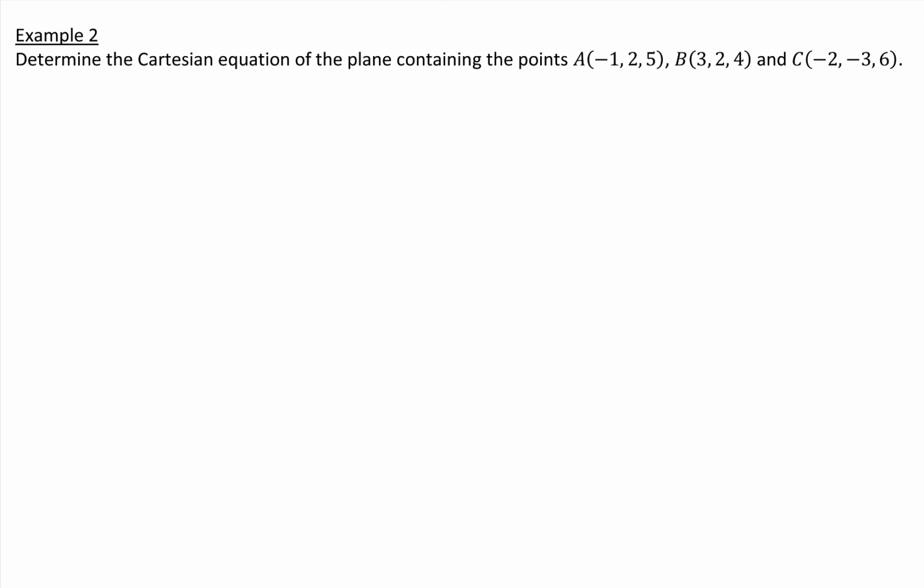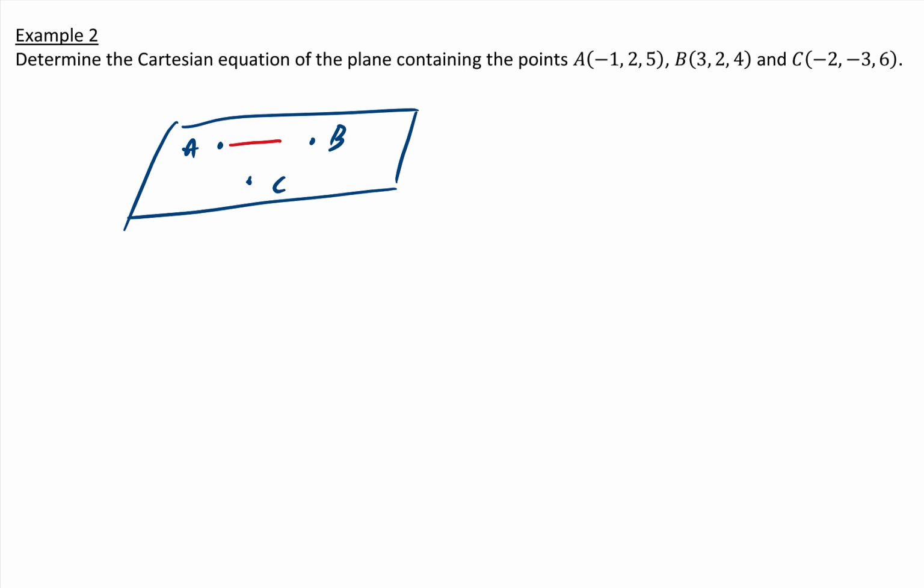Example 2. Determine the Cartesian equation of a plane containing the following 3 points. So notice in this one, I don't have the normal to the plane, but I do have point A, point B, and point C. And if I want a vector that's perpendicular to this plane, I take 2 vectors on my plane, let's say AB and AC drawn here.